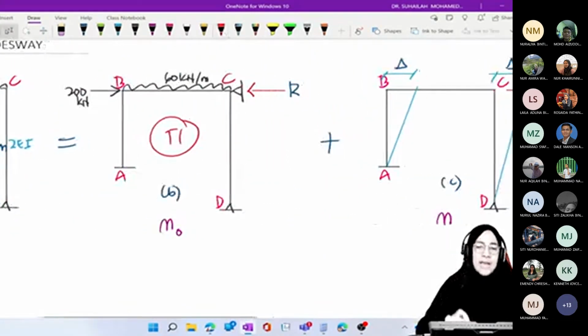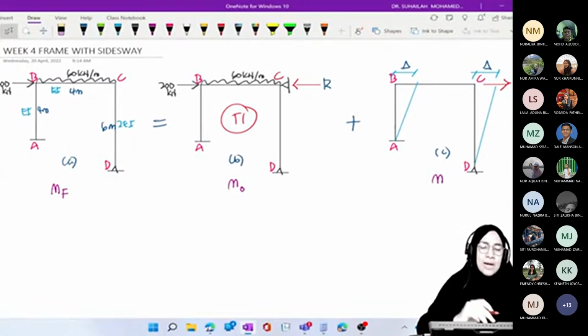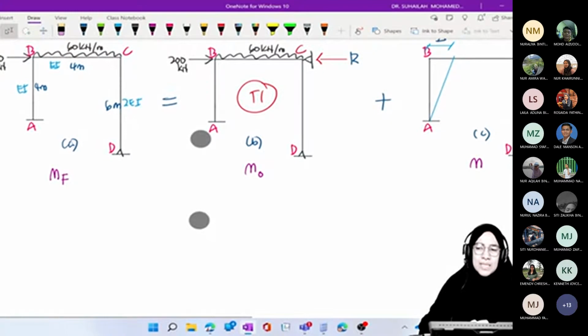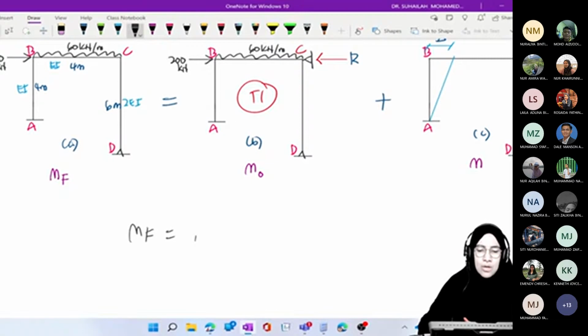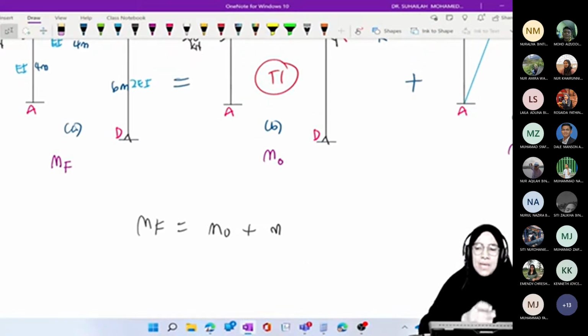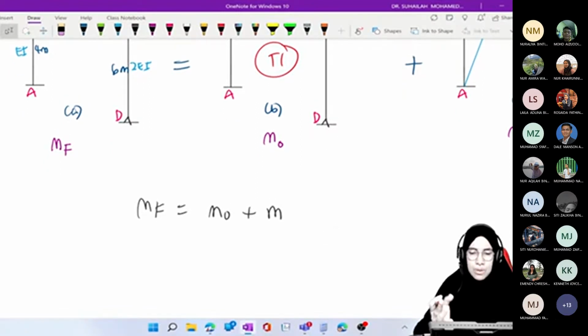So the idea for having this is to calculate final end moment at A. From the principle of superposition, we have M final equal to M naught plus M. We get M naught from A, B, and C directly. But M is unknown.